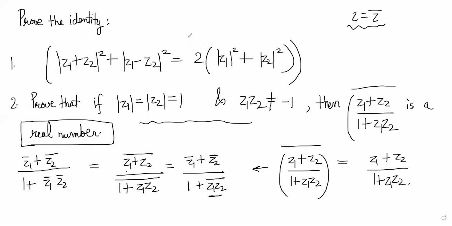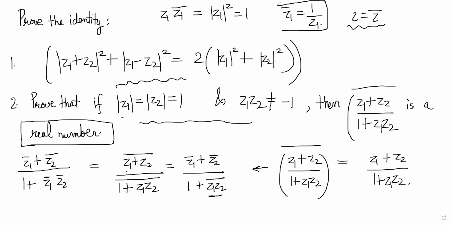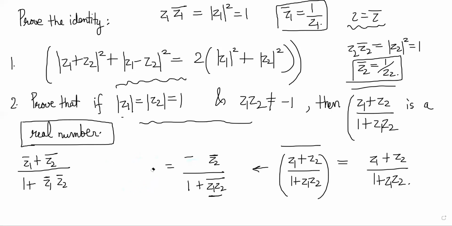Yes, sir. Now we know the identity z1 into z1 conjugate will be mod z1 square, right? So mod z1 is 1, that means this is 1, so z1 conjugate is simply 1 by z1. Similarly z2 conjugate will be mod z2 square, which is 1, so z2 conjugate is 1 by z2. So if you put that here, 1 by z1 plus 1 by z2 by 1 plus 1 by z1 into 1 by z2, what we will see is it will become equal to the RHS.